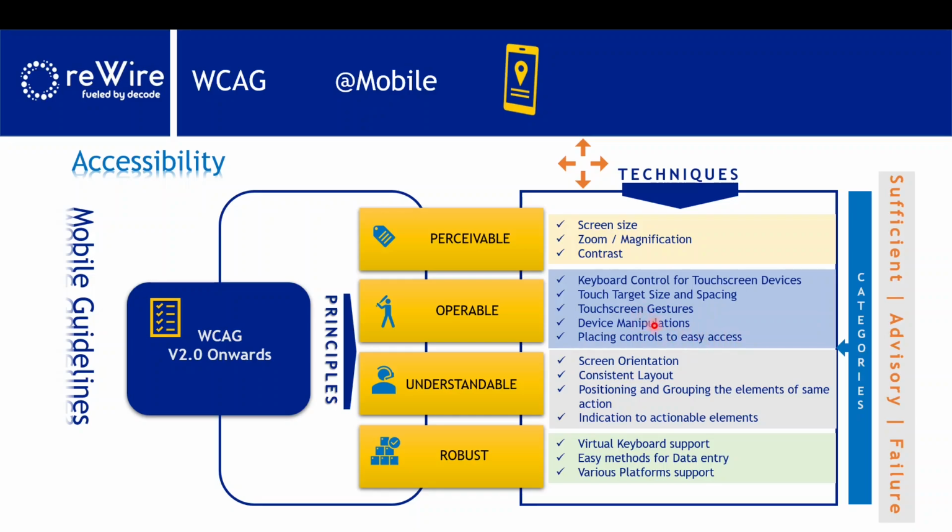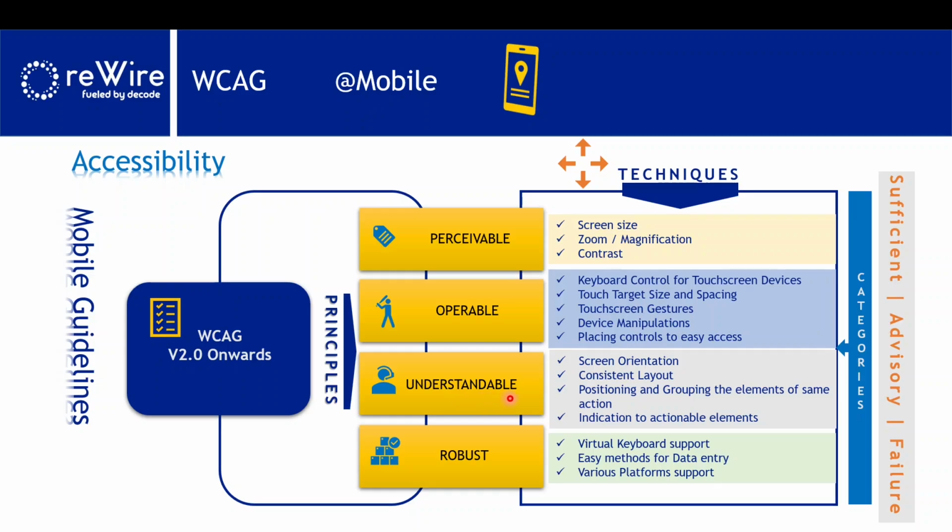That means controls should not be overlapped. There should be a decent amount of space between two controls. There are certain standards. And touch target size and spacing also. If you are overlapping, operating that particular control will be difficult for disabled persons. There are certain standards that we need to follow.